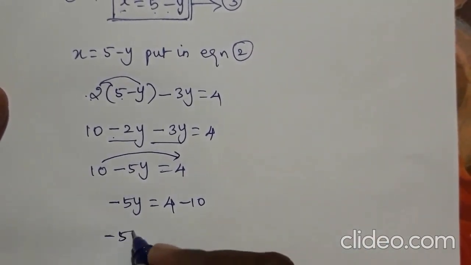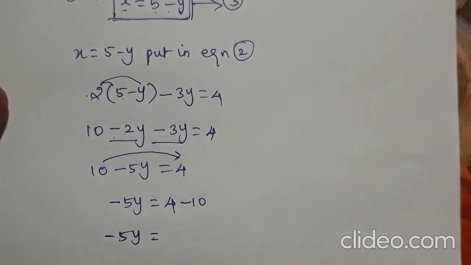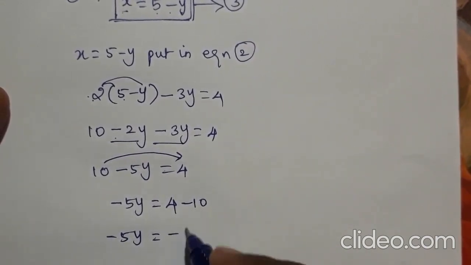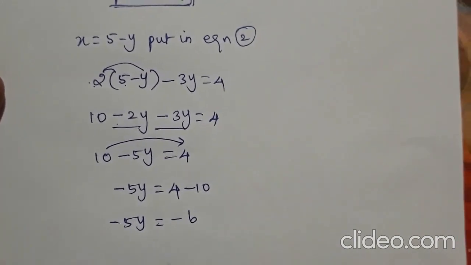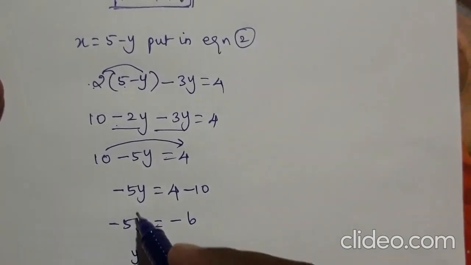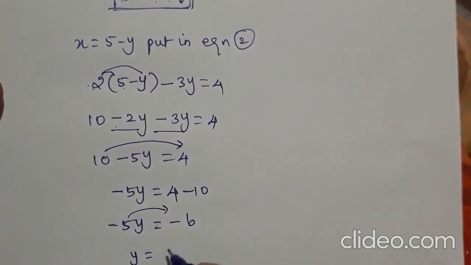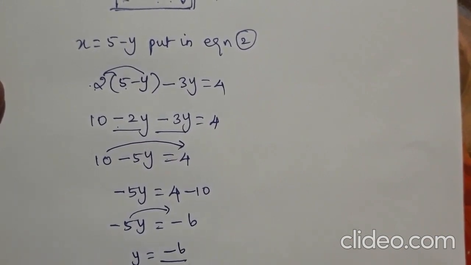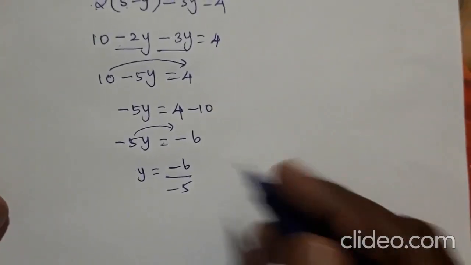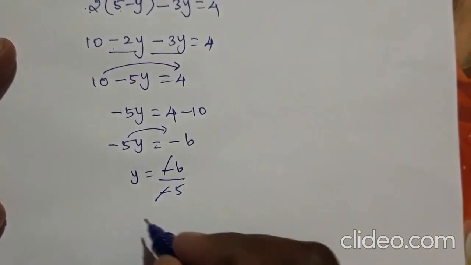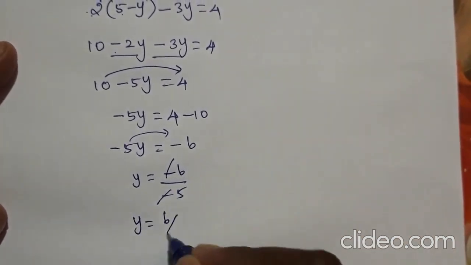Next, minus 5y is equal to 4 minus 10, you will get minus 6. Then y is equal to this minus 5, take it to right hand side, you will get minus 6 by minus 5. Minus minus will get cancelled, you will get y is equal to 6 by 5.